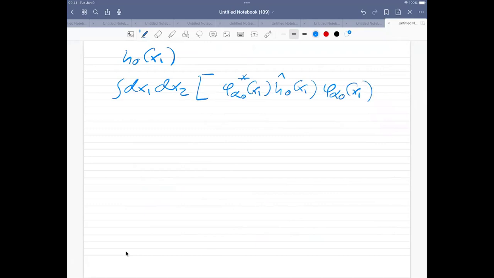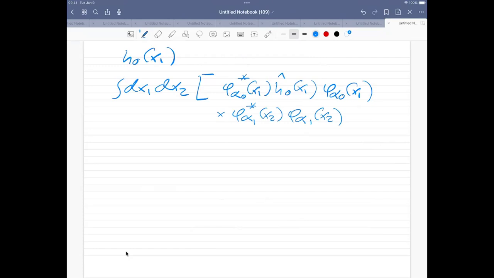And this is multiplied with phi alpha 1 of x2 and phi alpha 1 of x2. So that's the first term. I'm just picking the first two terms on the bra-ket side.